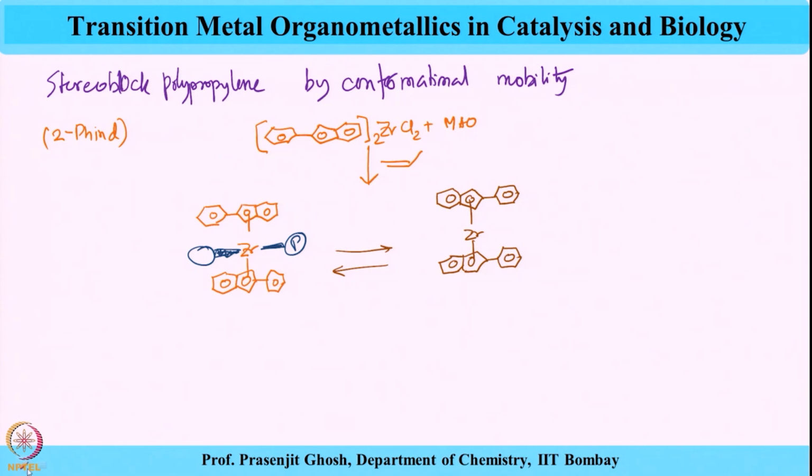So, what has literally happened is that there is a conformational rotation between these two ligands along the zirconium axis, such that these two phenyl rings can be trans, as well as these two phenyl rings can be in the cis disposition, as it is shown over here, and the corresponding polymer chain would be as here, this being the vacant site.